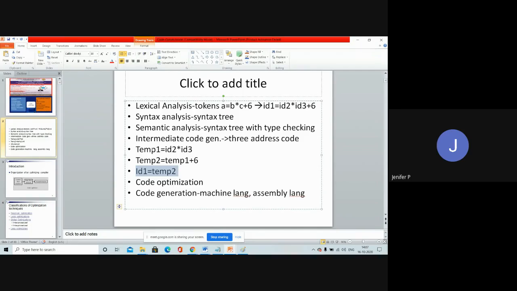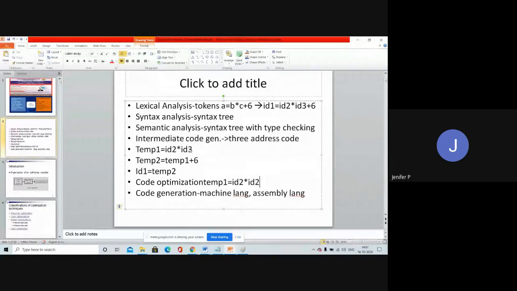Now, how can you convert this three-line code to two-line code? The first statement we cannot reduce, so the output will be the same: temp1 is equal to id2 into id3.